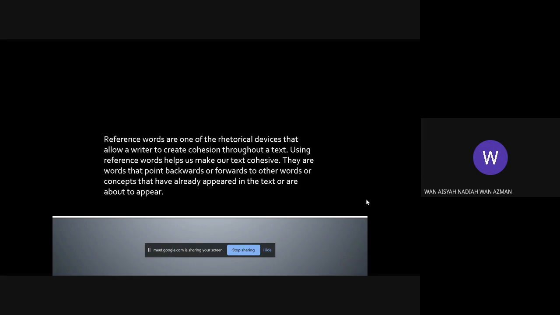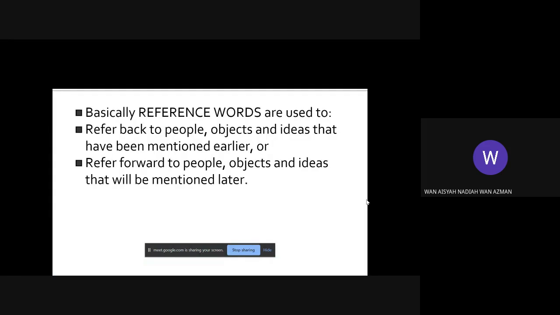They are words that point backwards or forwards to other words or concepts that have already appeared in the text or are about to appear. So basically, reference words are used to refer back to people, objects, and ideas that have been mentioned earlier, or they can also refer forward to those that will be mentioned later.